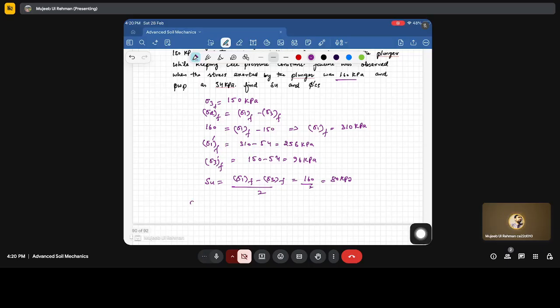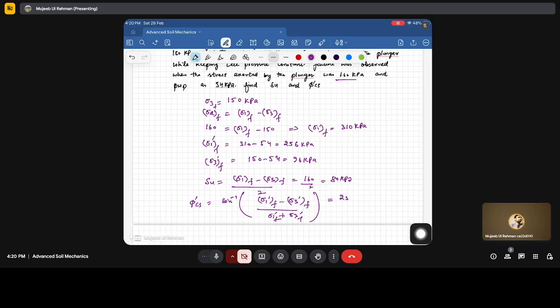And phi dash CS again will be equal to sine inverse of sigma 1 dash at failure minus sigma 3 dash at failure divided by sigma 1 dash plus sigma 3 dash.